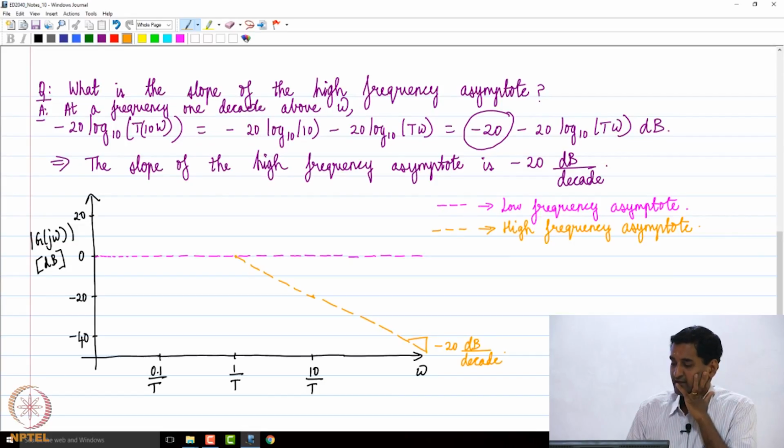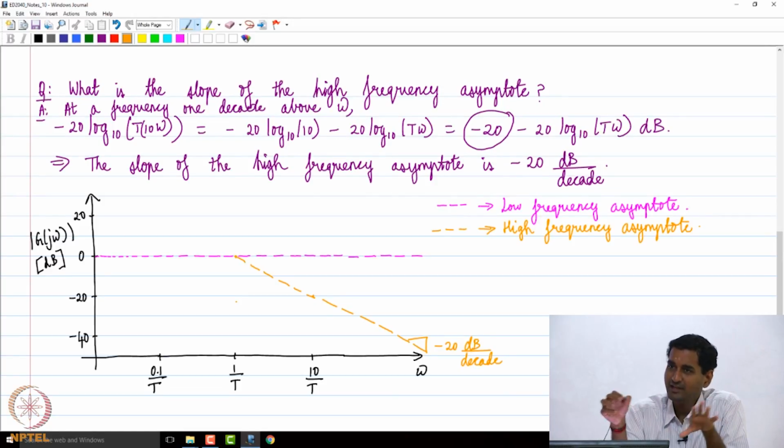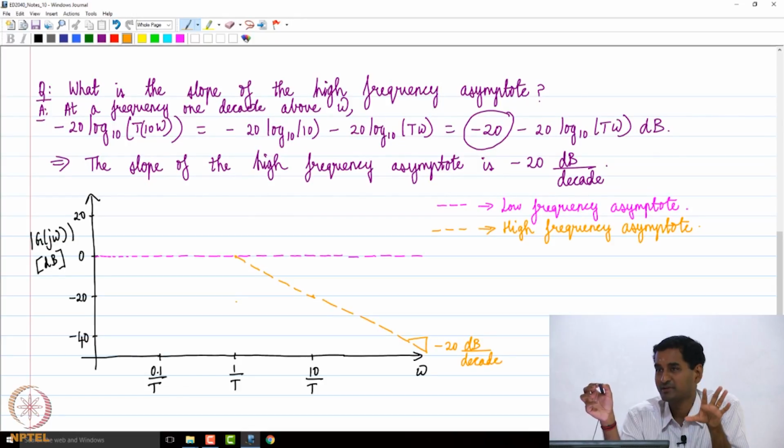Both of them intersect at 1 by capital T. For drawing Bode plots by hand, as far as problems in your homework and exams are concerned, you need to only plot the asymptotes, and use the asymptotic curve as your approximation of the Bode plot for that particular factor.